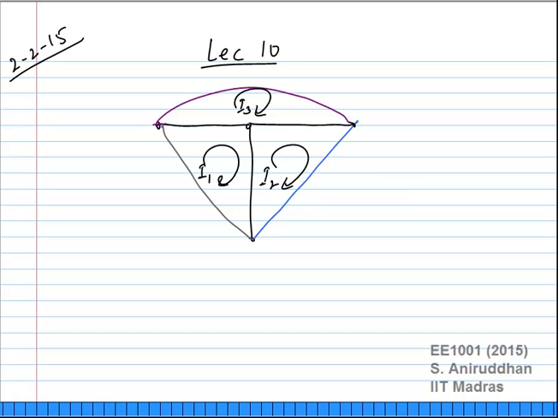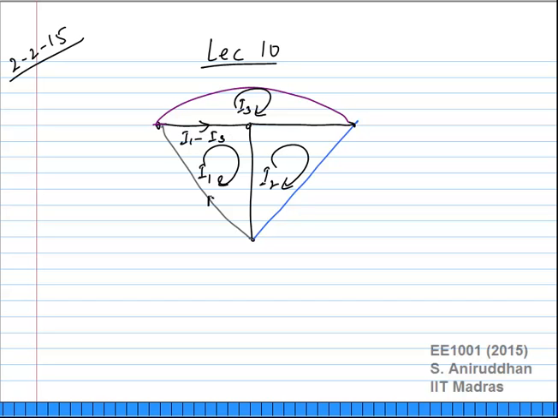And the point to note is that the current through any branch, or any edge, that borders 2 meshes will be the difference between these 2 currents in the direction of choice, in the direction in which you are traveling. In the direction I have shown, the current is nothing but I1 minus I3. If I had taken the reverse direction, I would have got it as I3 minus I1.